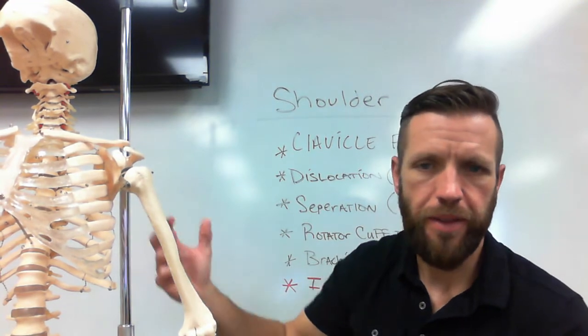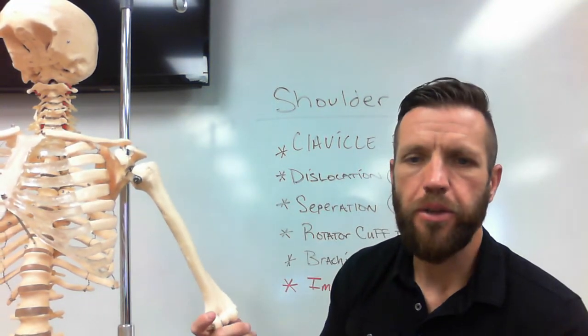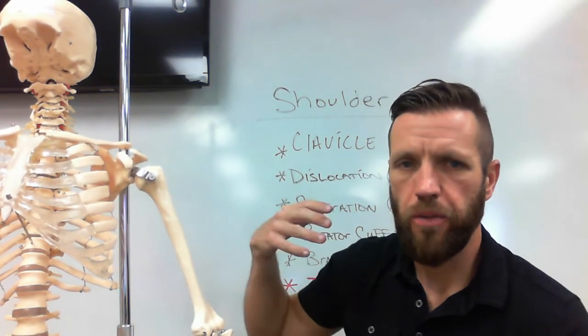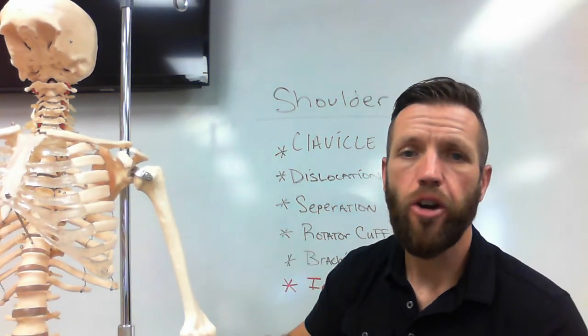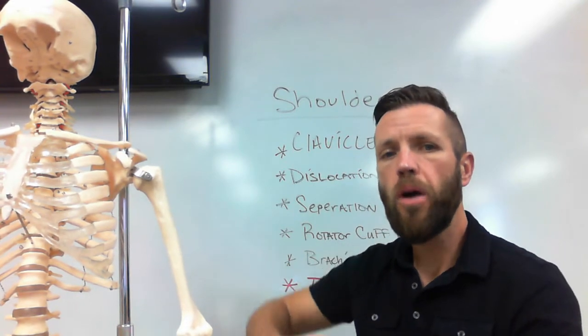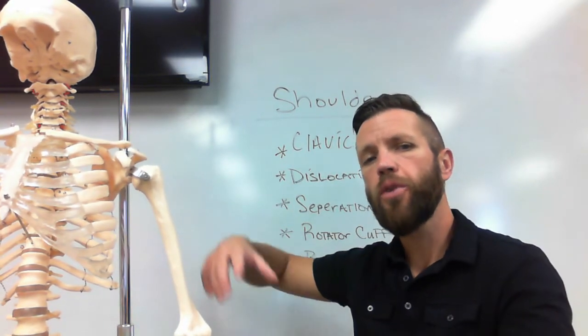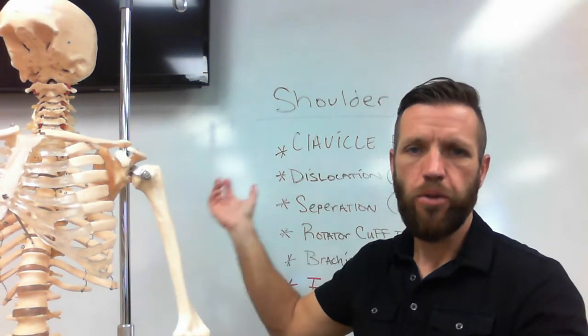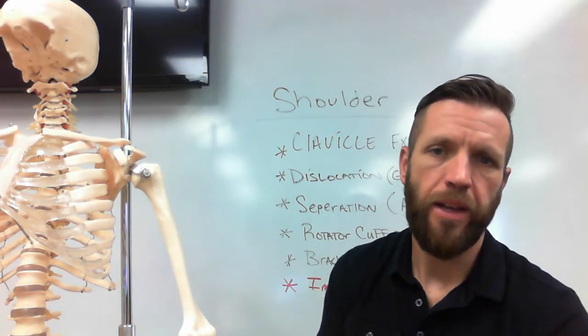So let's first talk about this dislocation. What happens with a dislocation typically, and it can occur from a FOOSH, it can occur from falling on the tip of a shoulder, it can occur from having so much force when a person is throwing, specifically a ball, that they externally rotate too hard, and they can actually dislocate from that too.